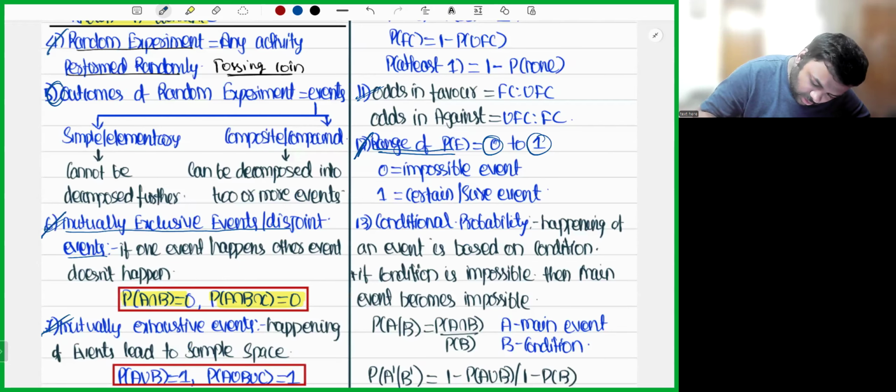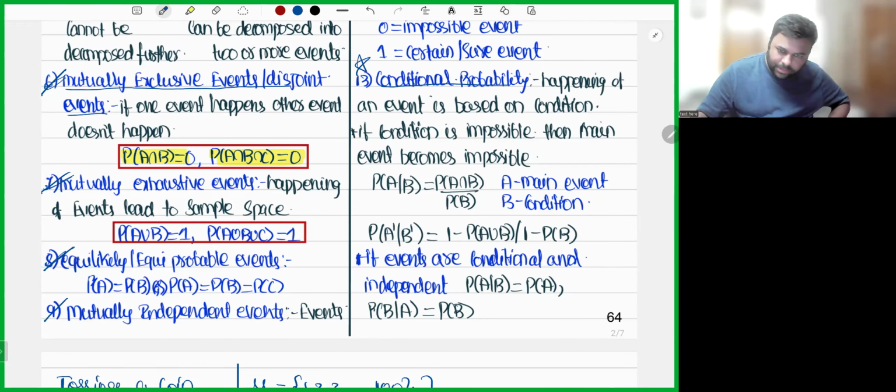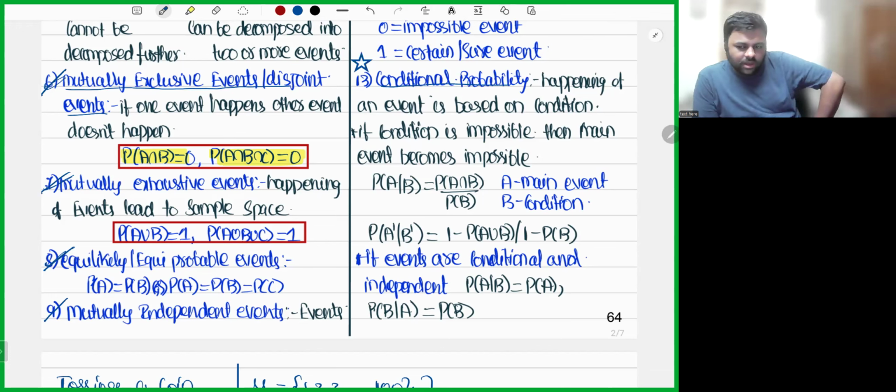Next, conditional probability. It's an important one. Conditional probability, 13. Compulsory, you will find one question in the examination. So what is this conditional probability? Conditional probability means the happening of one event depends upon the happening of one more event. Then it is called conditional probability, my dear friends.